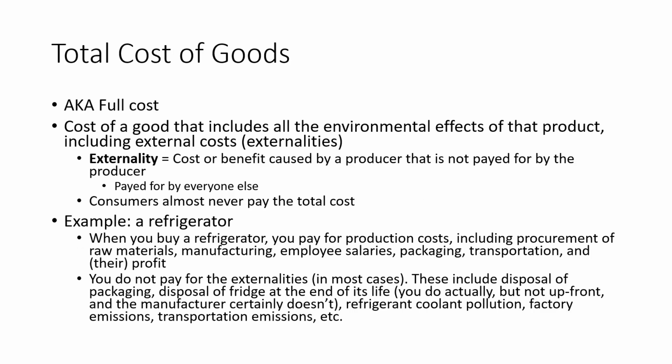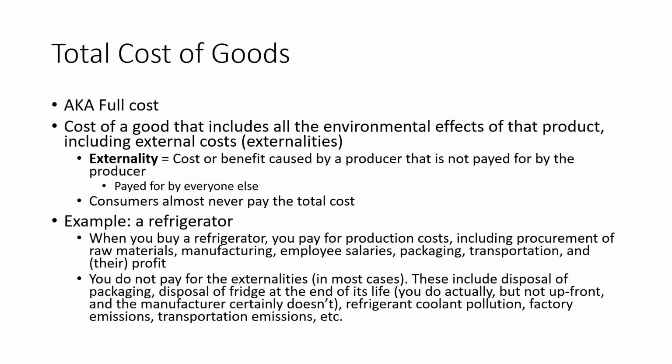Okay, and the last point that I want to make here is a little bit of a sidetrack. This is the total cost of goods. We've talked about externalities before when we discussed the tragedy of the commons, I believe. The total cost of a good is also known as the full cost, and it's the cost of a good that includes all of the environmental effects of that product and the externalities of that product. An externality is a cost or benefit that the producer incurs but is not paid for by the producer.